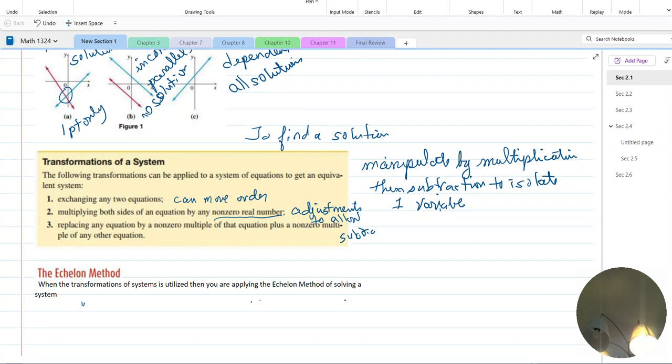If my pen could write, right? And of course, replacing any equation by a non-zero multiple of that equation plus a non-zero multiple of any of the other equations to create the new line.